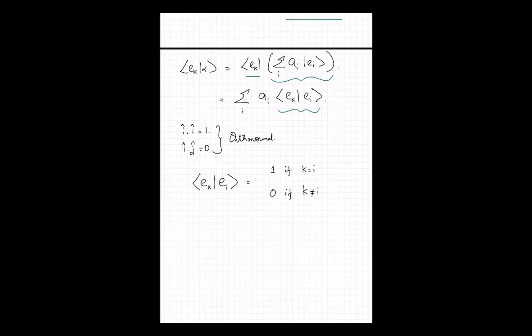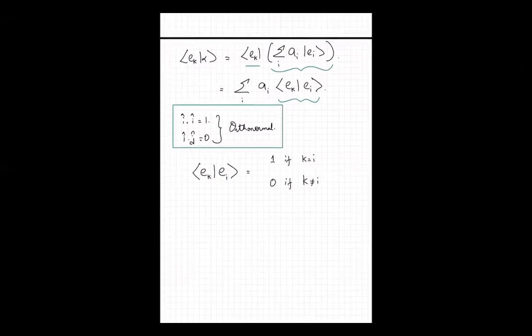Here, what I'm writing is i dot i. If I take the dot product of a unit vector with the same unit vector, I get 1. If I take the dot product of the unit vector with a different unit vector, I get 0. Here I'm saying, if I take the dot product of ek with ei, I should get 1 if k is the same as i, and 0 if k is not the same as i.